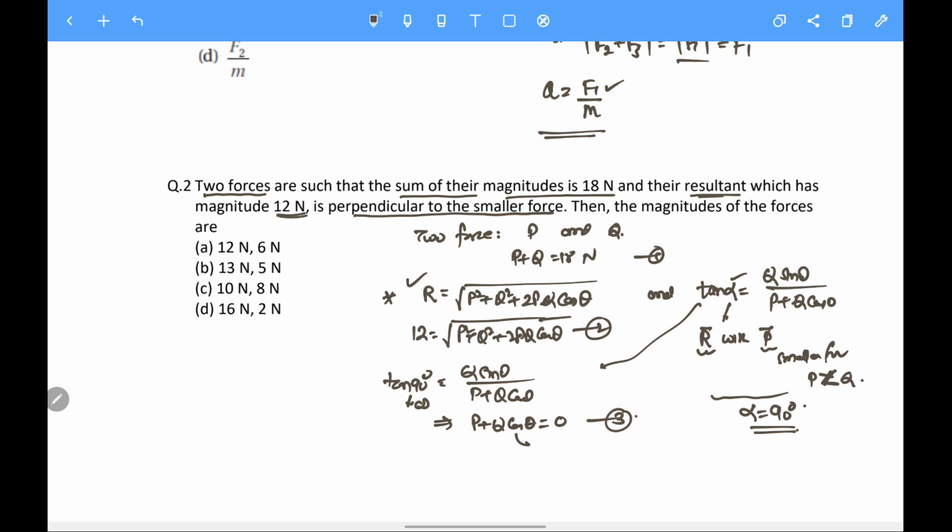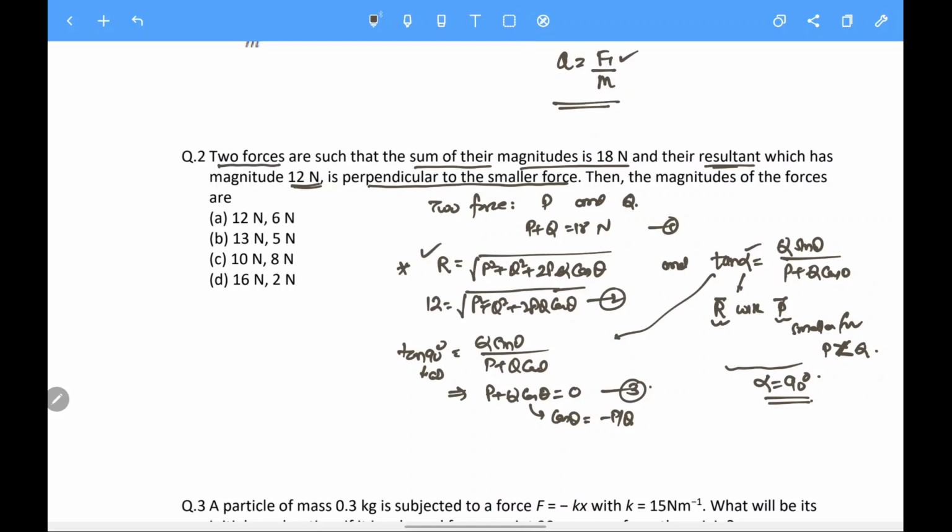From here we find the cos theta, that is equal to minus P by Q, and substitute in the equation number 2. So put in equation number 2, we get 12 equal to root P square plus Q square plus 2PQ, and cos theta is minus P by Q. This Q and Q will cancel, and 2P into P gives 2P square with minus sign, that means we will have Q square minus P square.